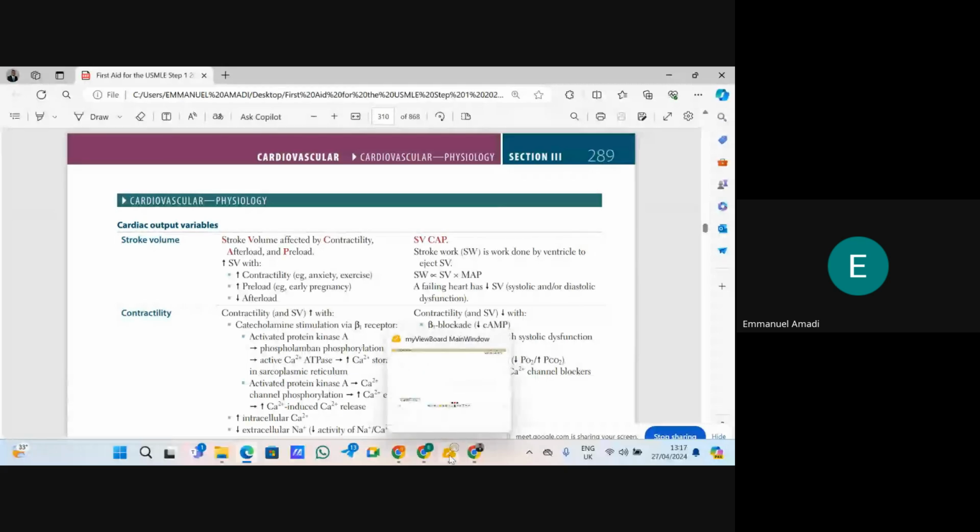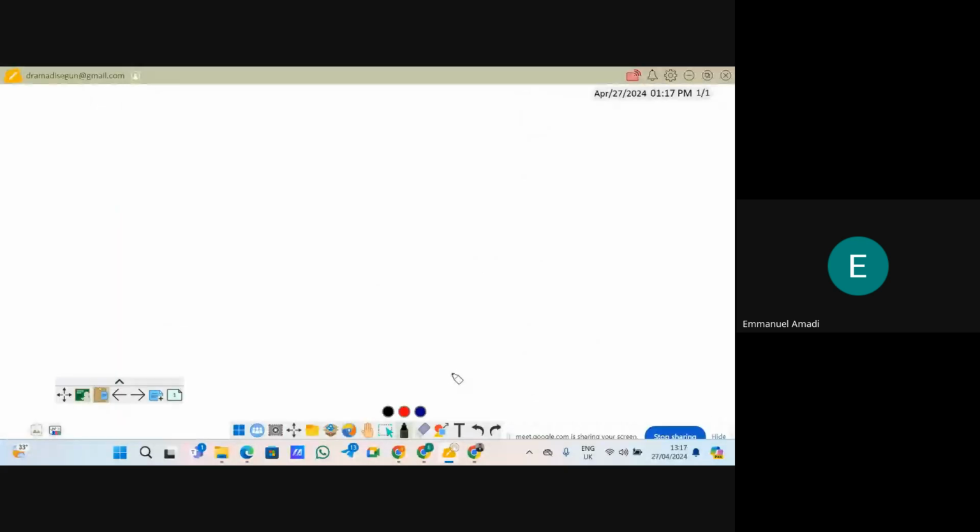Now, stroke volume is the quantity of blood that leaves the heart after every heartbeat. Let's say at the end of one heartbeat, at the end of contraction, 600 mils of blood left the heart.